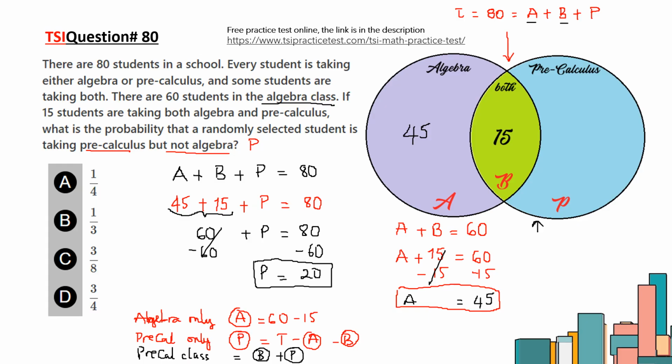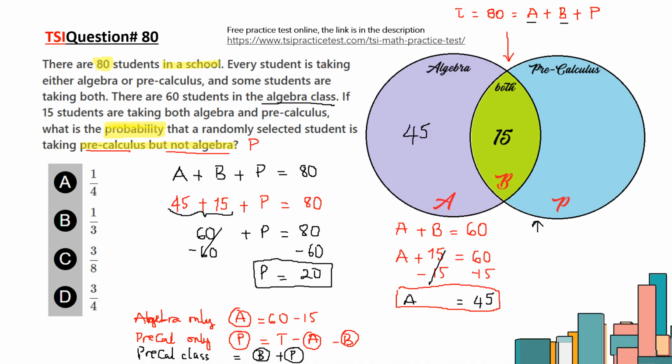Are we done? No, right? Because what they're asking is not the number of students taking pre-calculus but not algebra. They're asking about the probability. That is the keyword, so make sure you highlight it. 80 students in the school is the total.